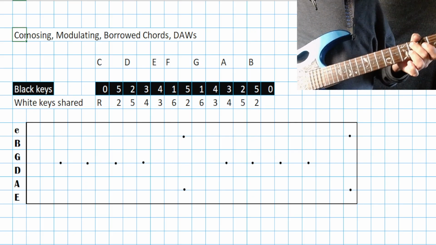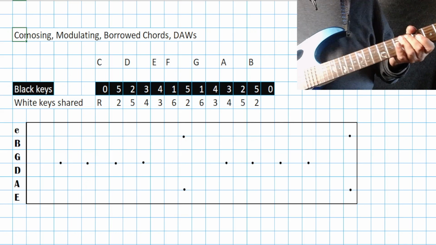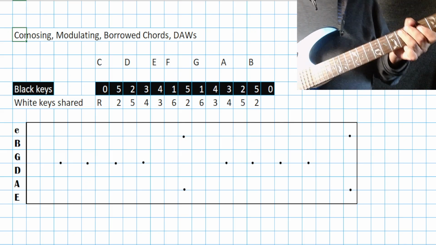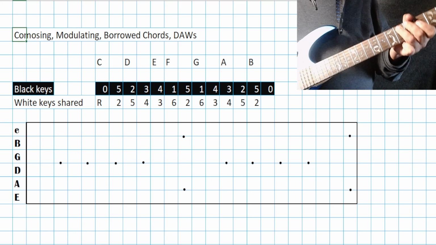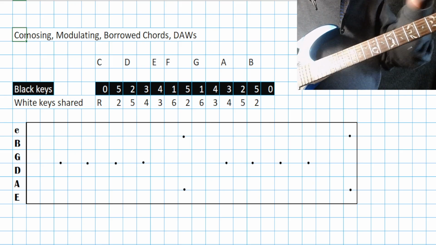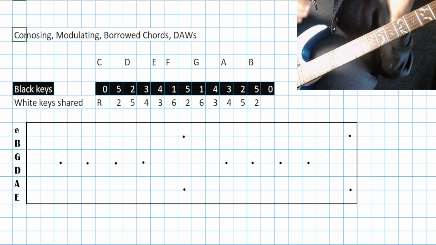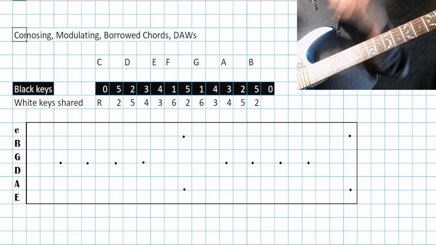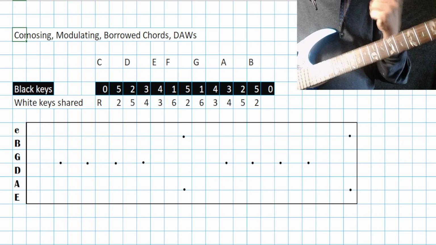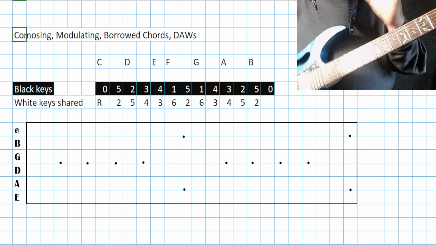Pretty easy. With this, if we share a lot of notes, the chords are very easy to borrow without really noticing that you've borrowed from a whole other key, but you add a little depth to your music.